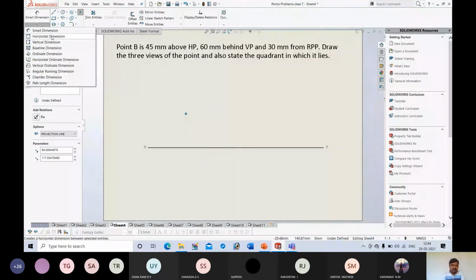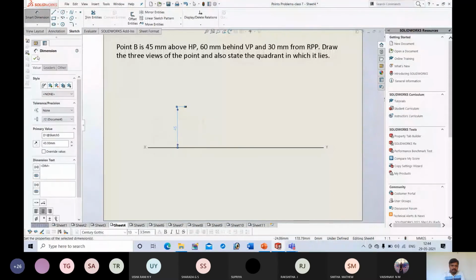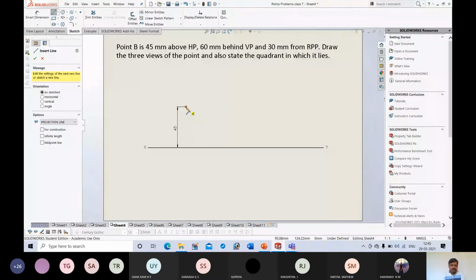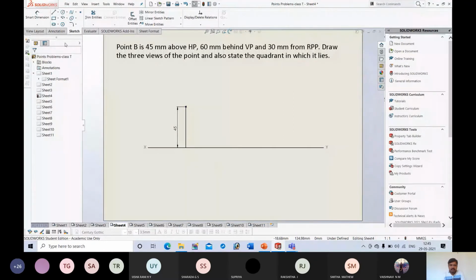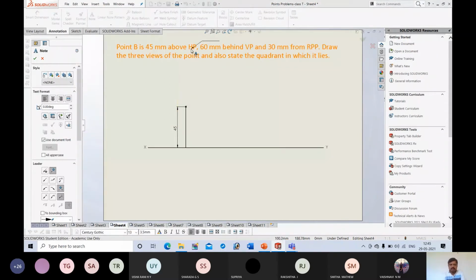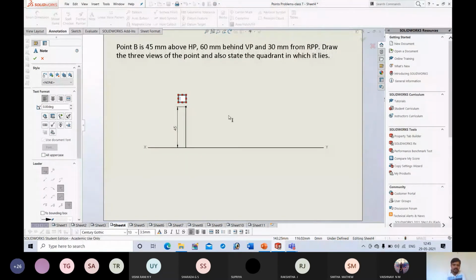Then I will draw its projector, and I will name this point. Since it is 45 mm above HP, that is the distance from HP, so it is the front view. Distance from HP is front view, distance from VP is top view. So the point name is B, so it is B dash.